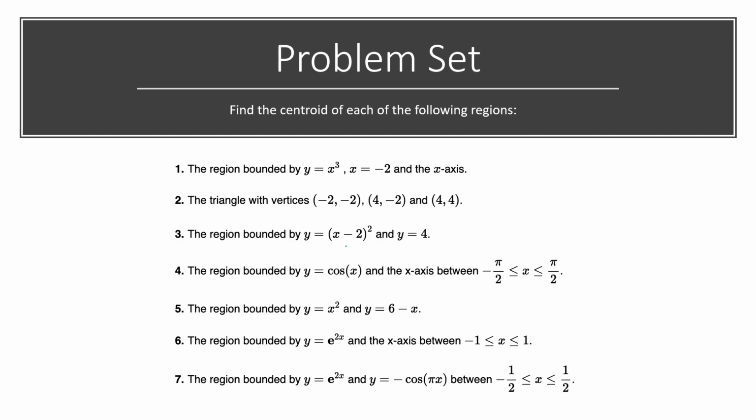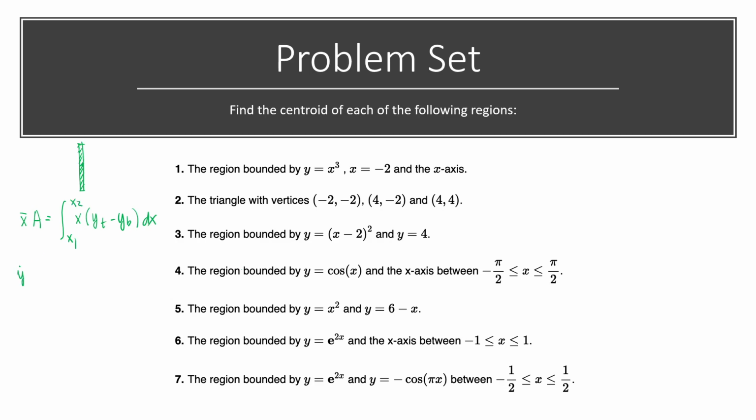Okay, so to sum it all up, for the vertical strip, to summarize the formula, bar x is x times y top minus y bottom dx from x1 to x2.